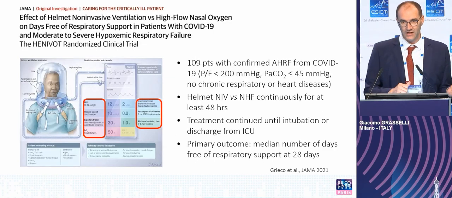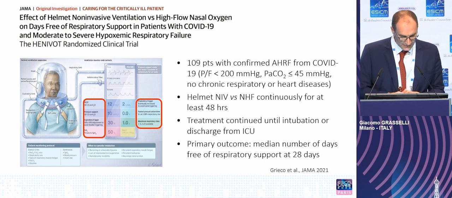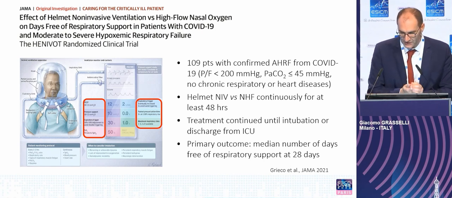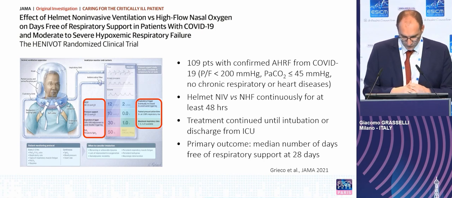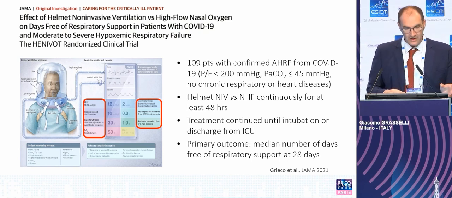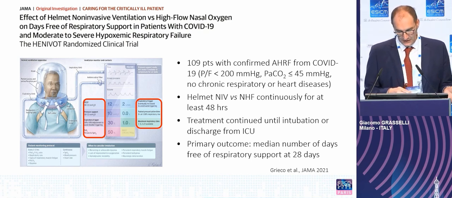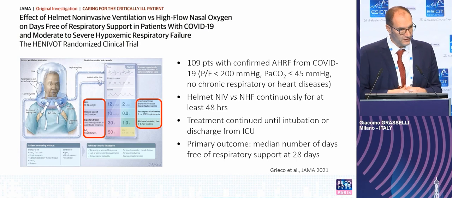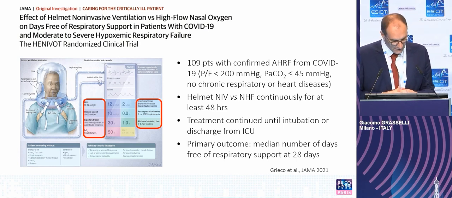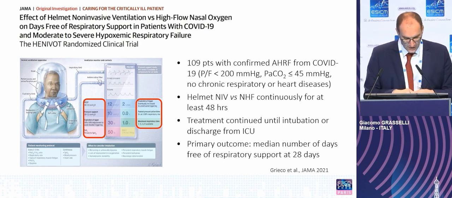This has been shown already. It's a study by Domenico Grieco. It's the Henevot study, 109 patients with acute hypoxemic respiratory failure due to COVID-19, and they were randomized to helmet NIV, applied continuously for at least 48 hours, versus nasal high flow. You can see there the settings of the helmet.